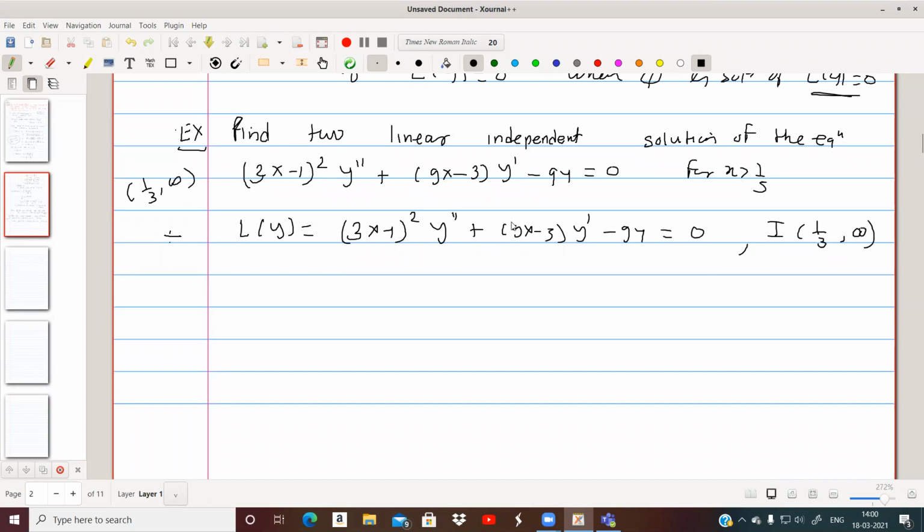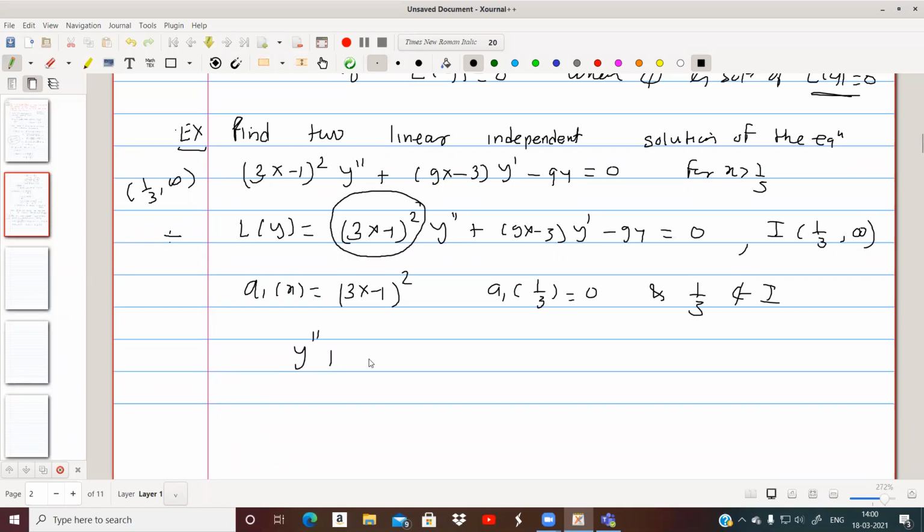This 1 upon 3 is not included. So a1(x) is (3x minus 1) square, which at x equal to 1 by 3 becomes 0, and 1 upon 3 is not part of the interval. So here 1 by 3 is not a singular point. Non-singular.